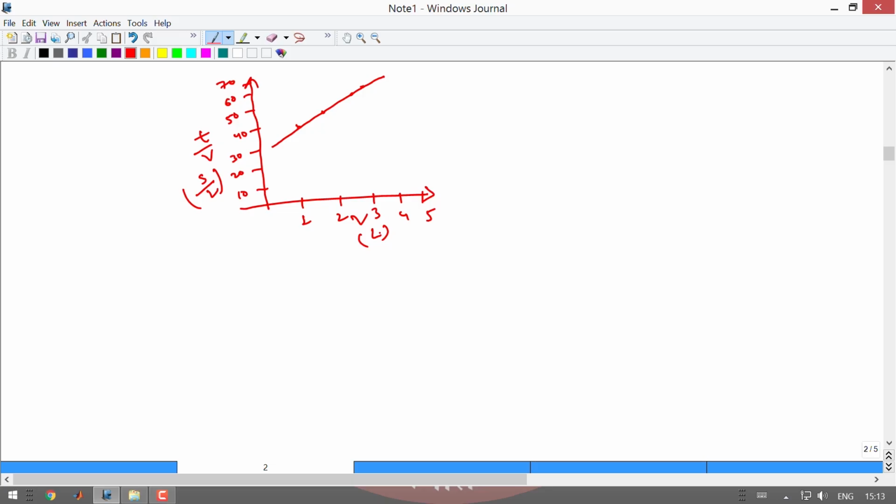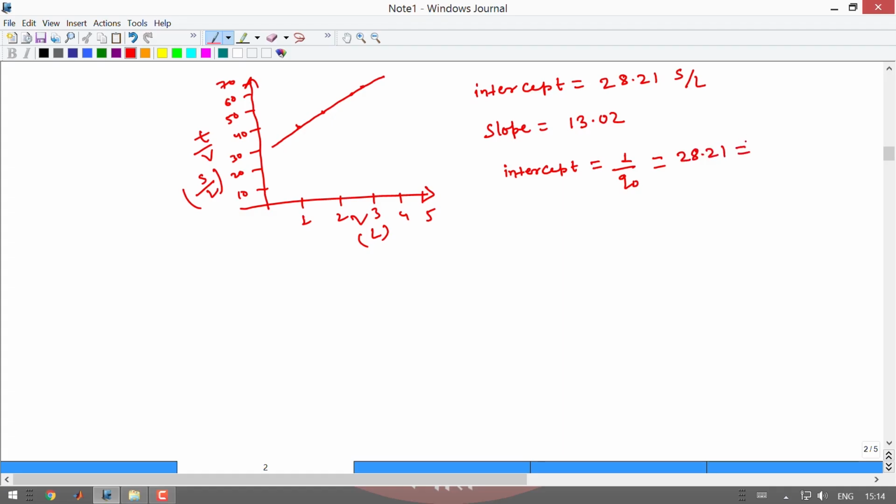From the graph we will get the intercept equal to 28.21 second per liter and slope equal to 13.02. Here the intercept is equal to 1 by Q naught from that equation, equal to 28.21.